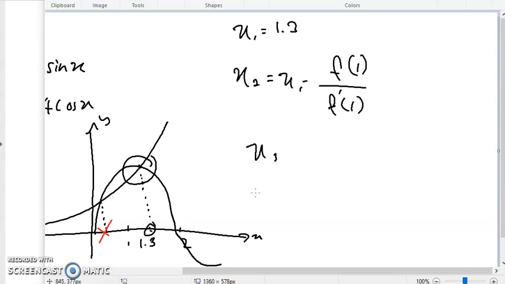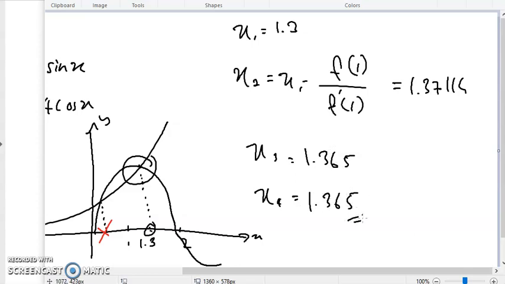Okay, I'm just going to give the answer so that you can try to substitute the values on your own. So for the x2, approximately, we'll be having 1.37114. x3 will be having 1.365. x4 will be having 1.365, something like this.